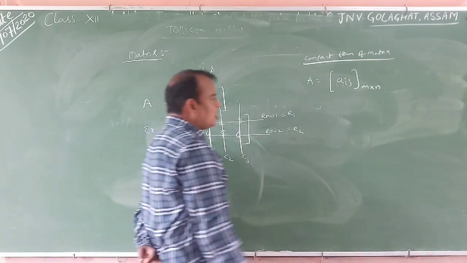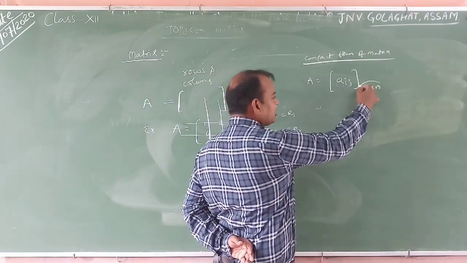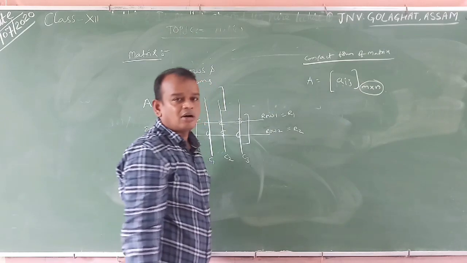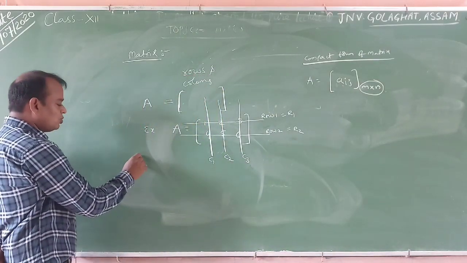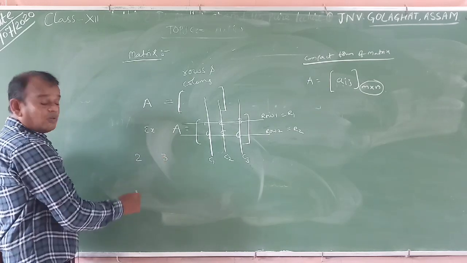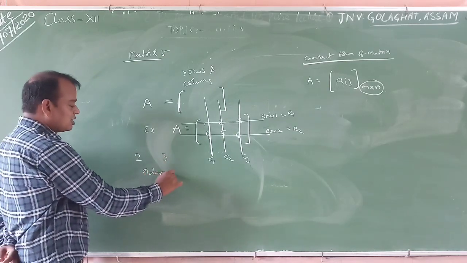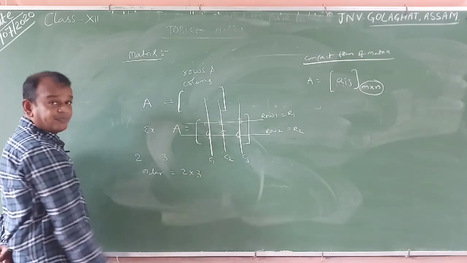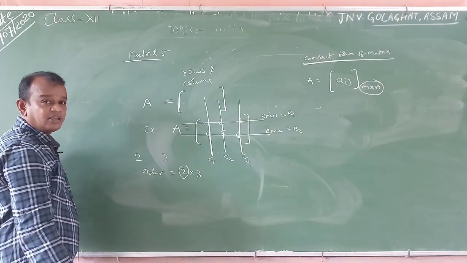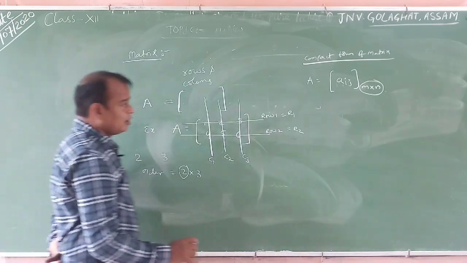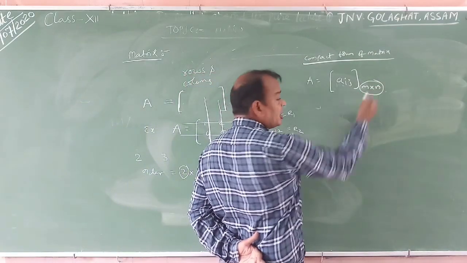Always we will write the order of the matrix as rows by columns. If the matrix has 2 rows and 3 columns, what is the order of the matrix? Order is equal to 2 by 3. You must compulsorily read order as 2 by 3 only. Here, m rows and n columns.